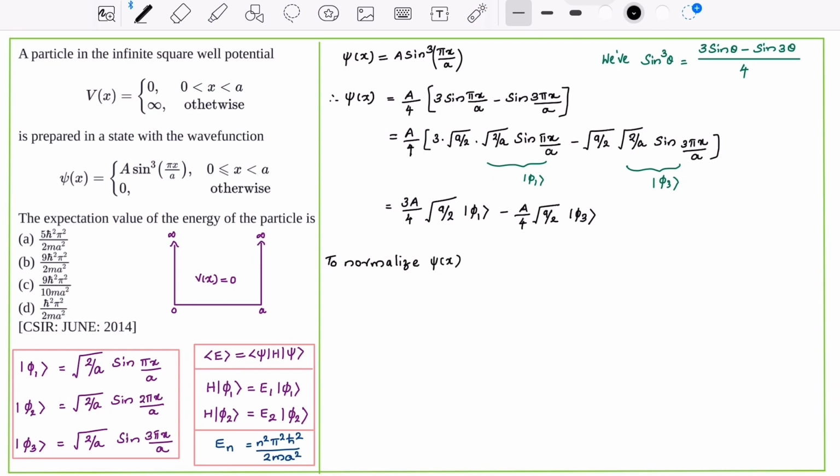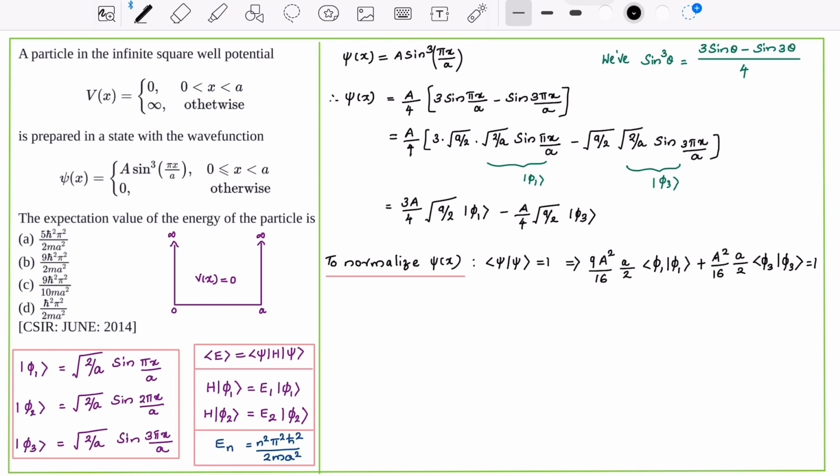Now let us normalize this psi of x. For that purpose, take the inner product of psi of x with itself and equate it to 1. You will get the value of A. Now it equals 9A squared by 16 times a by 2, times the inner product of phi 1 with itself, plus A squared by 16 times a by 2, times the inner product of phi 3 with itself, and that is equal to 1.